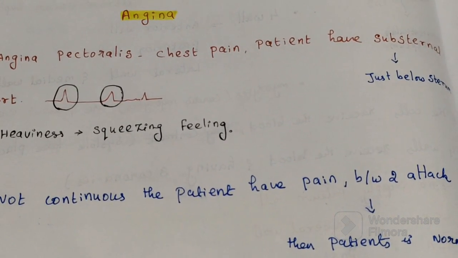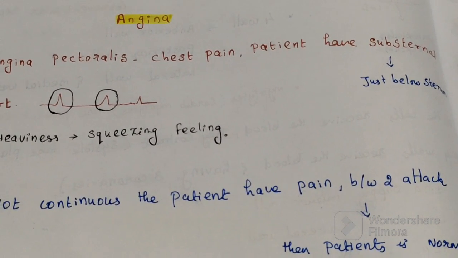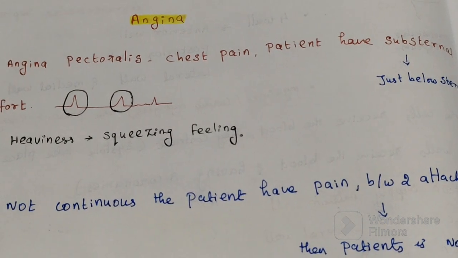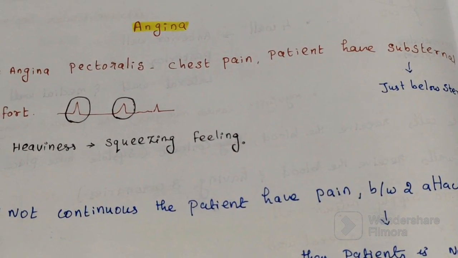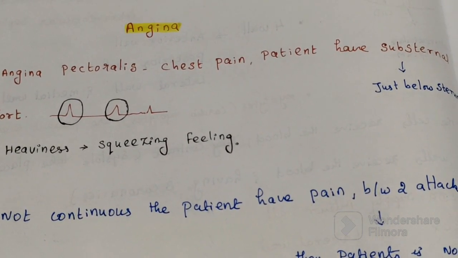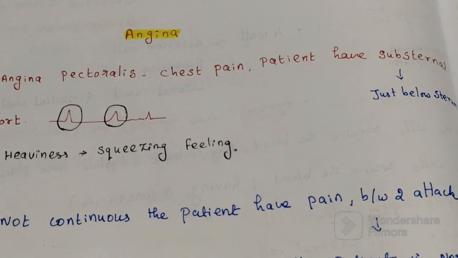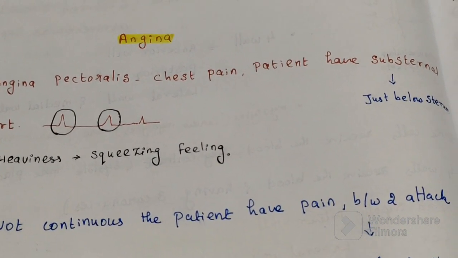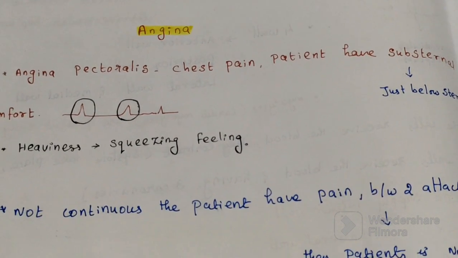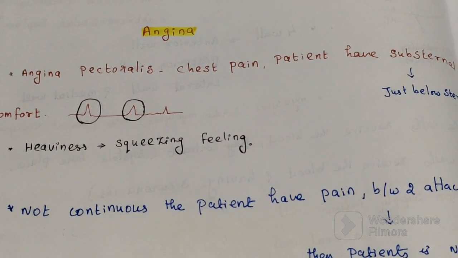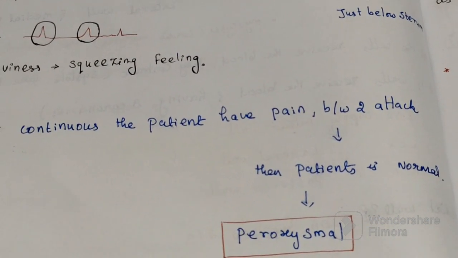When the patient has the attack of angina, at that time the patient has substernal discomfort, and between two episodes the patient is absolutely normal. Anytime it will come and go.